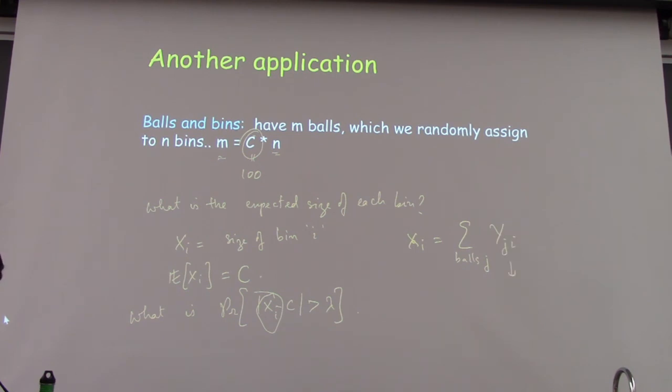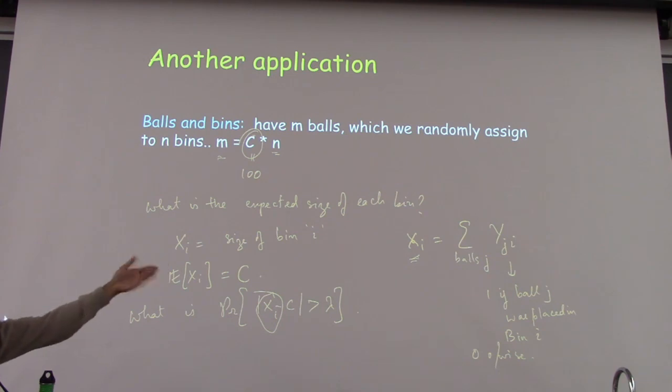So this is 1 if ball j was placed in bin i, and 0 otherwise. So now you can write each xi as this, and now this is just a 0-1 random variable, and you can just use your favorite Chernoff deviation bound. So this is how you analyze these kinds of load balancing type questions.